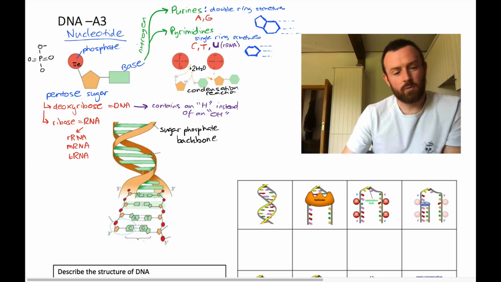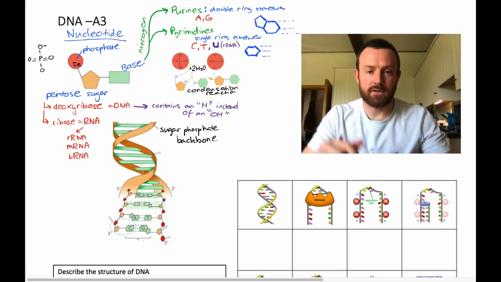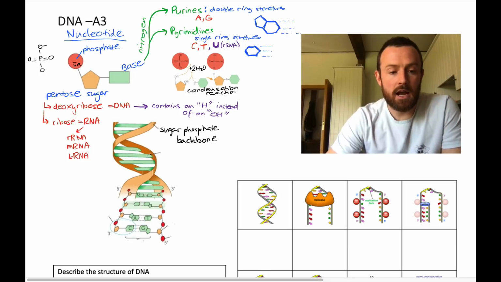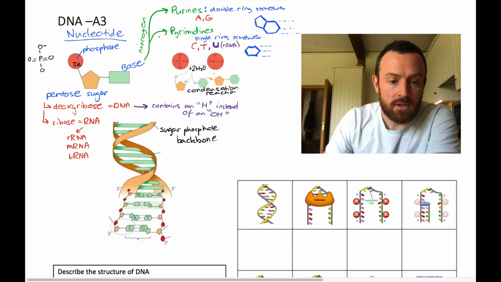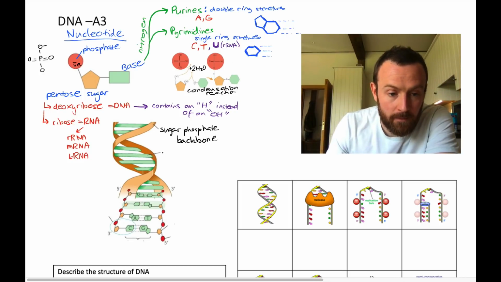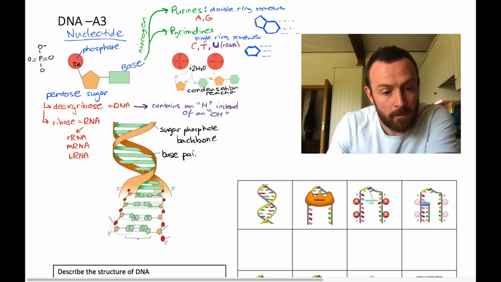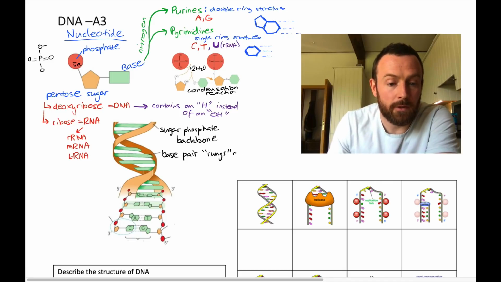And in here, sometimes these are called the rungs, like rungs of a ladder, and that's where the bases are. So let's call that a base pair. Rungs of the ladder.